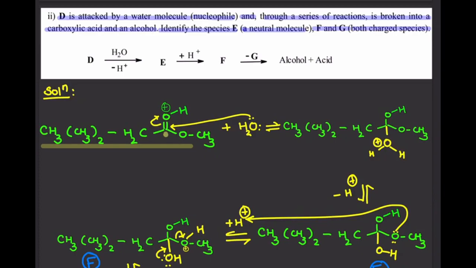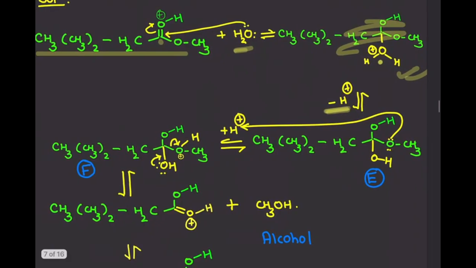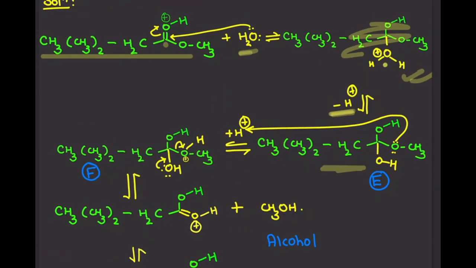Water will attack at this particular carbonyl carbon because, due to resonance, this carbonyl carbon will have del plus. After the attack of the water, we get this species in which this oxygen is bearing a positive charge. It loses H plus, so we get a neutral species E like this. Now this again accepts H plus.